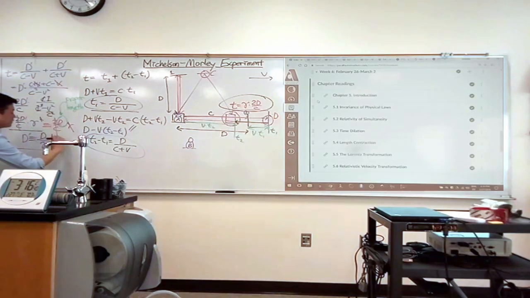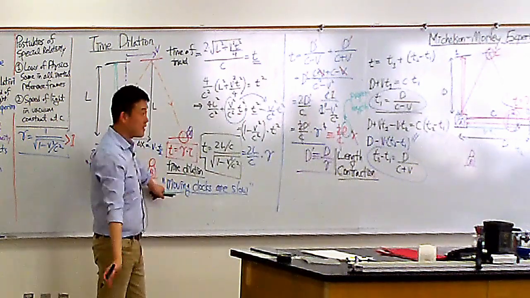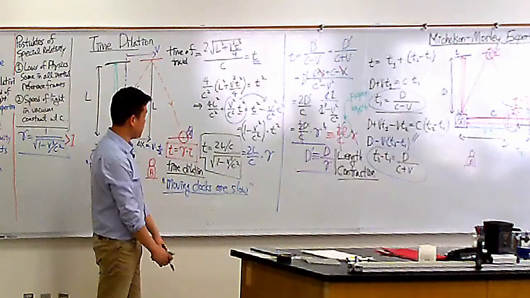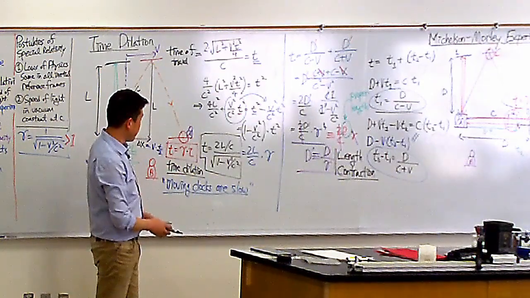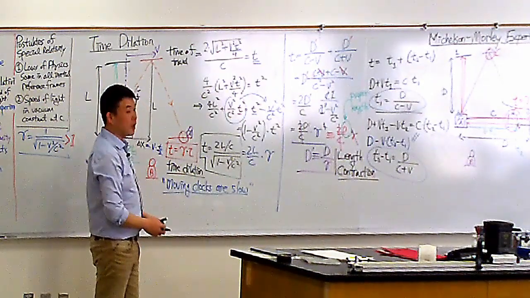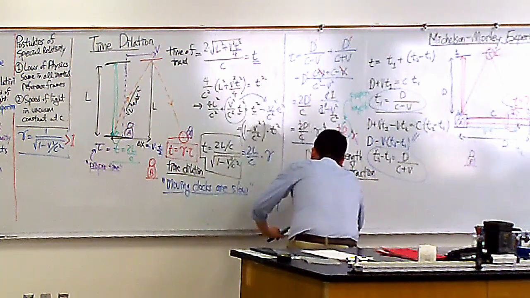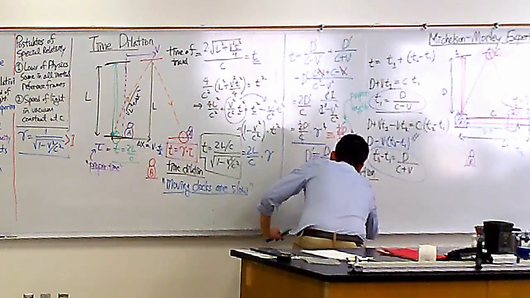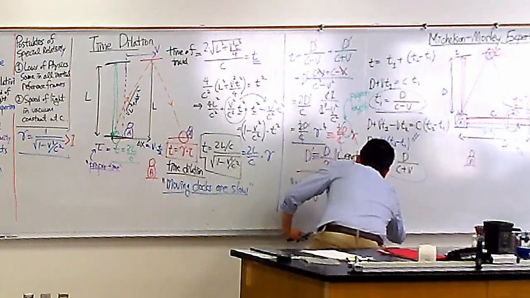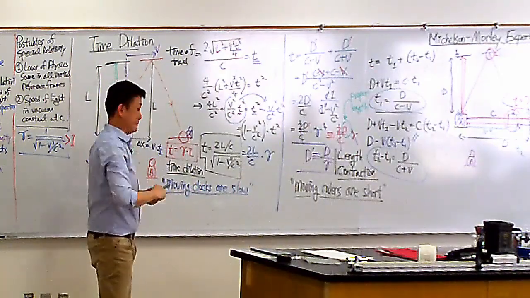And let me end with length contraction. For the sake of symmetry, let me end with a similar phrase as what we had for time dilation. For length contraction, we say moving rulers are short. Moving rulers are short. Good?